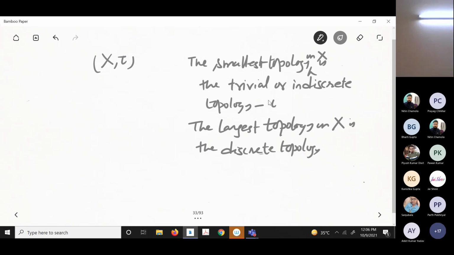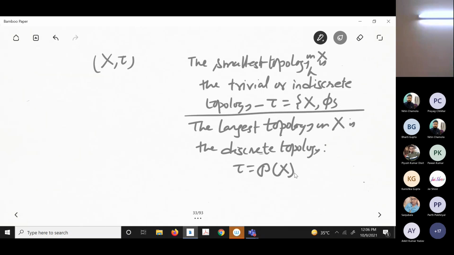Here tau is equal to just these two, X and phi. And here tau is equal to the whole power set of X. Okay, so this is the topology.